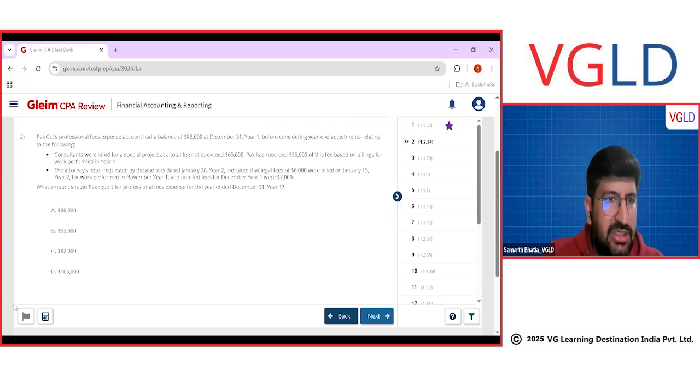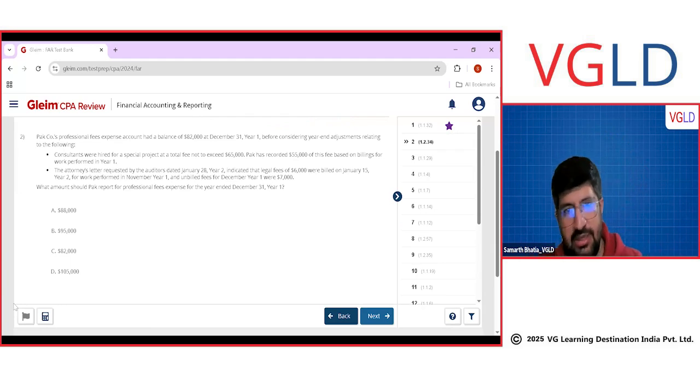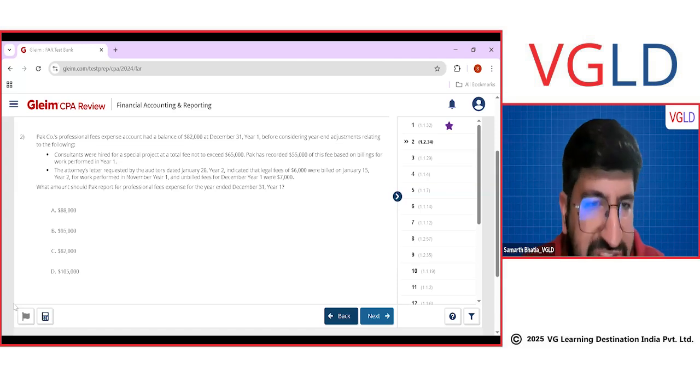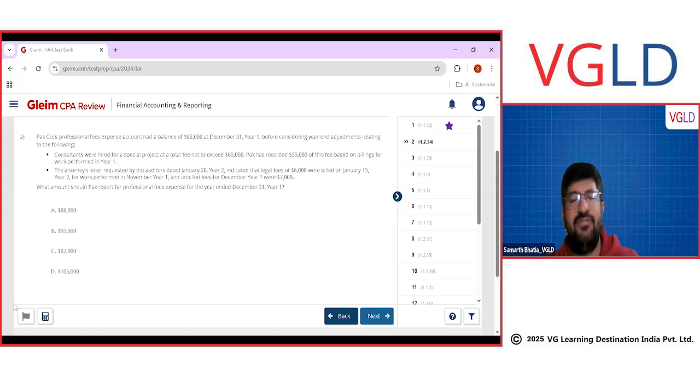Here we have a next question. Park Company's professional fees expense account had a balance of 82,000 at December 31st, year 1, before considering the year-end adjustment related to the following. Consultants were hired for a special project at a total fee not to exceed $65,000. Park has recorded 55,000 of this fee based on the billings for the work performed in year 1.